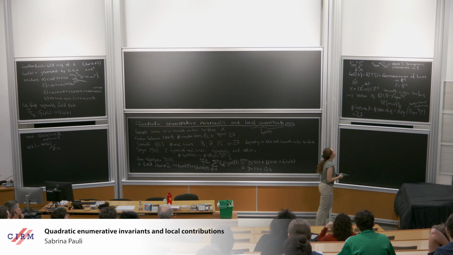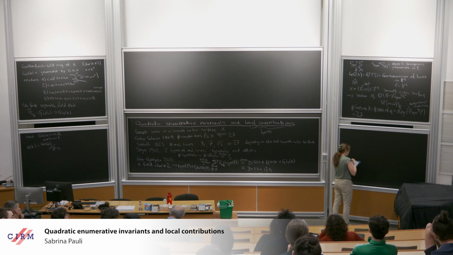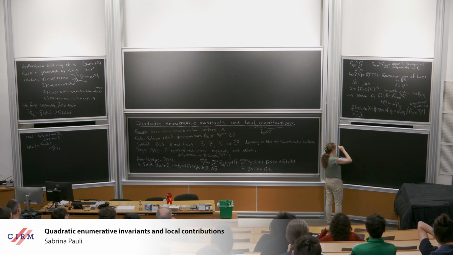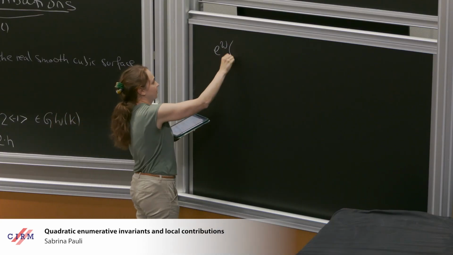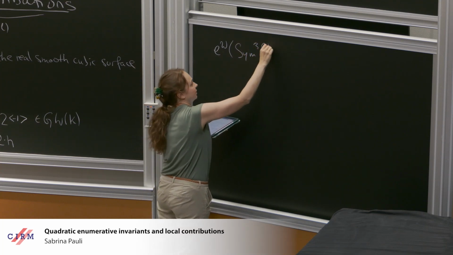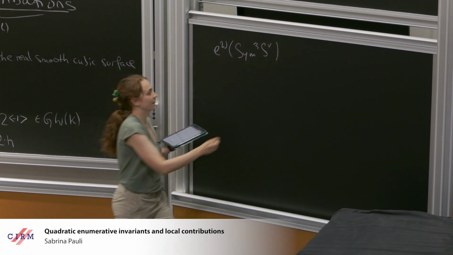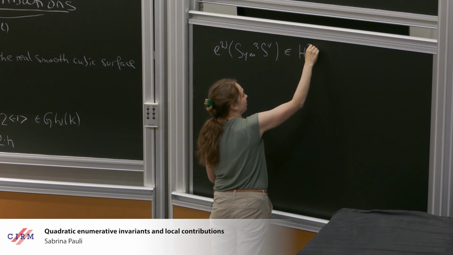Well, yesterday Marc told you about Borel-Moore homology with coefficients in the Witt sheaf, and we can take this as an Euler class. There's also an Euler class there, so we can also look at the Euler class of this in Borel-Moore homology.